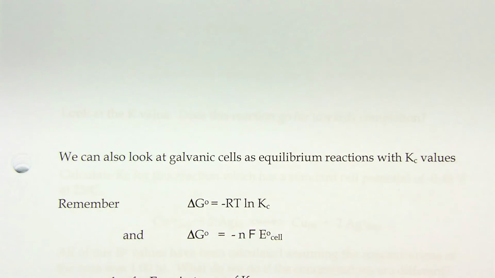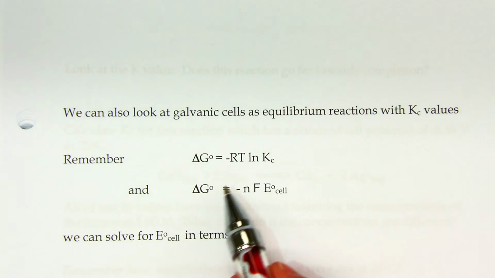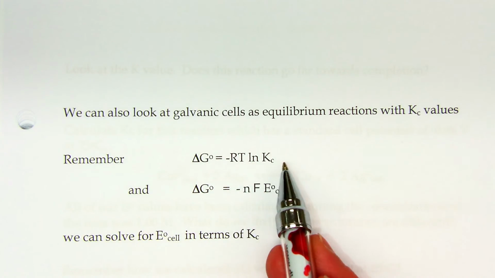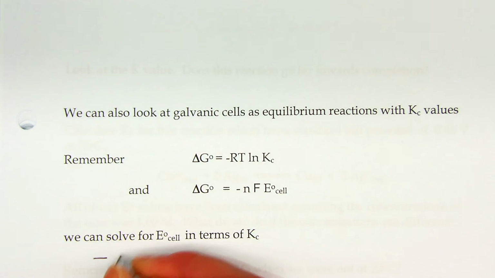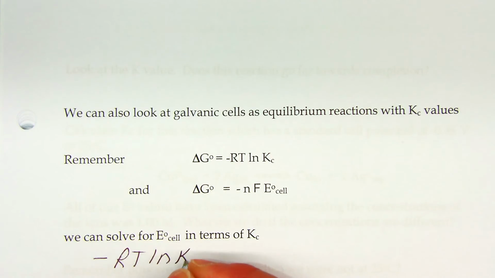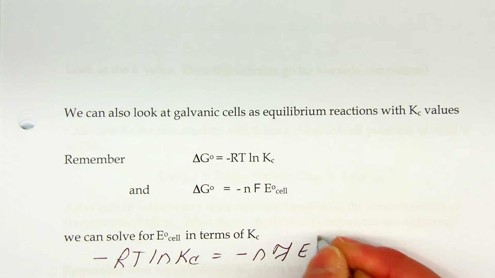So if we want to stay in the fancy zone, we've already taken fancy to link up free energy and equilibrium constants. We remember that delta G0 is minus RT ln of K sub C, and we just identified that delta G0 is minus NFE0. So therefore, minus RT ln of K sub C is equal to minus NFE0.